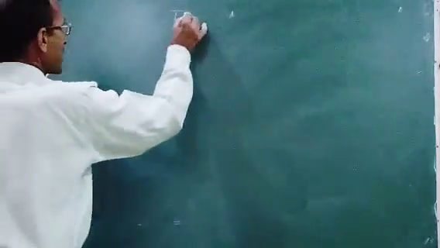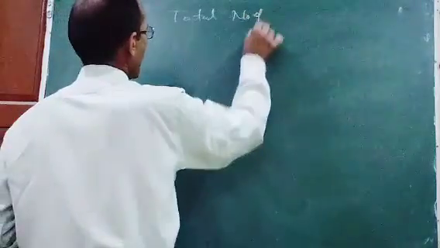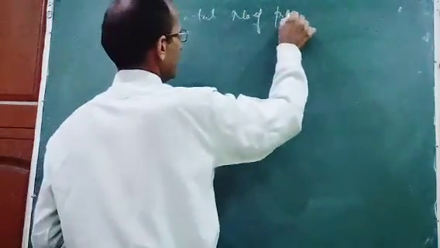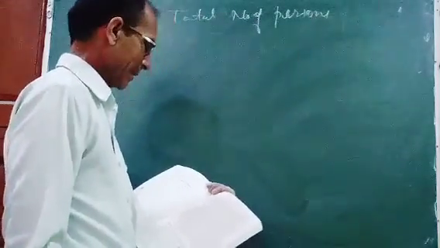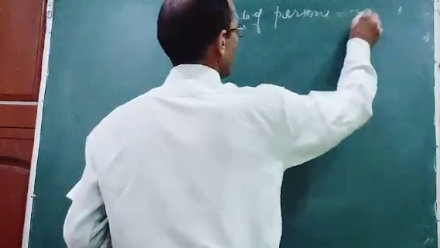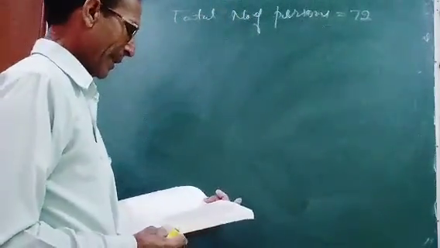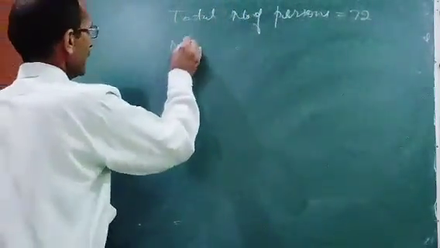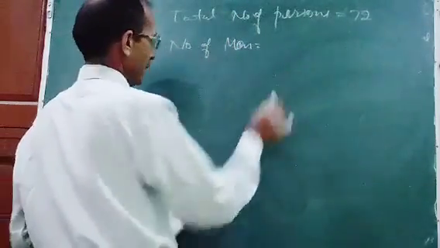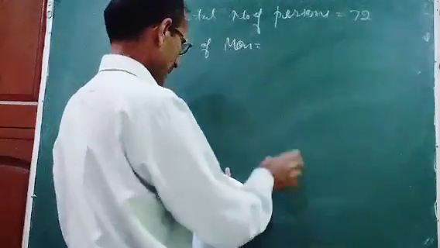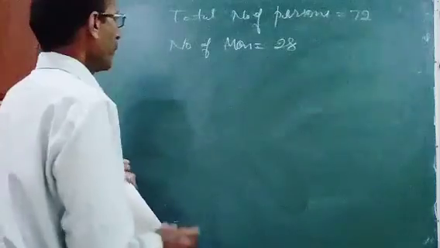Total number of persons. How many persons are there? 72. Out of 72, how many are men? Number of men: 28.